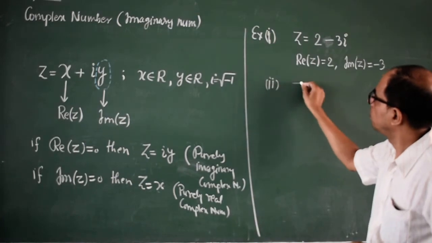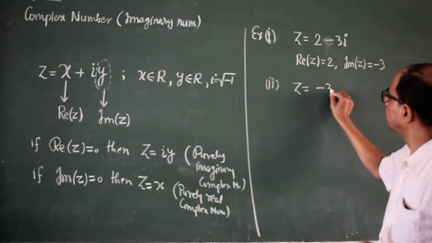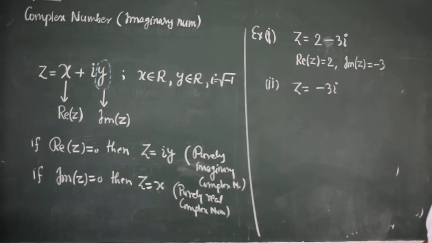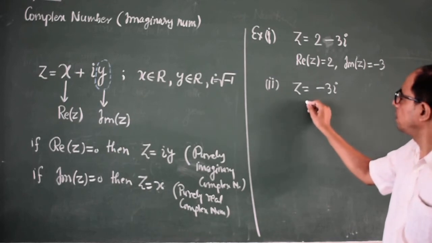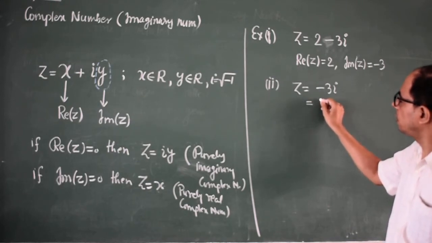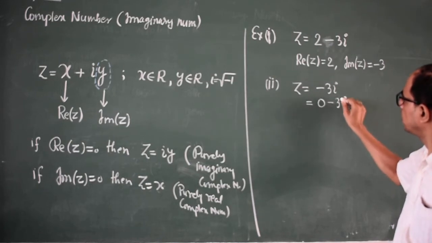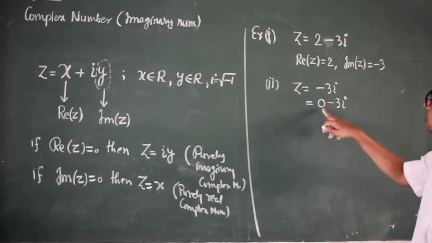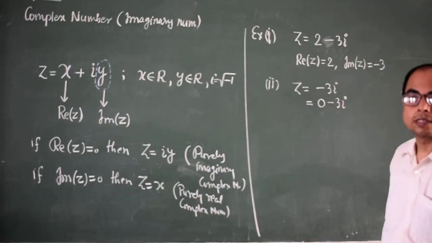Now z equal to, if I am writing only minus 3 iota, is it a complex number? The answer is yes, it is also a complex number. It can be written as 0 minus 3 iota. Clear? Where 0 is a real number, minus 3 is also a real number. So it is a complex number.